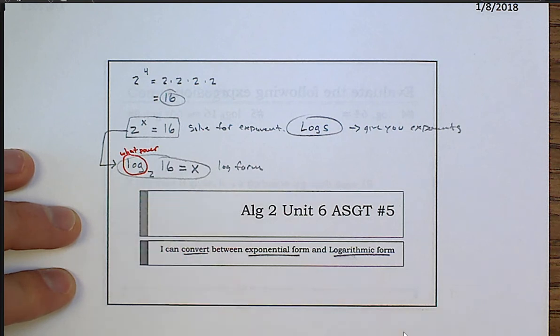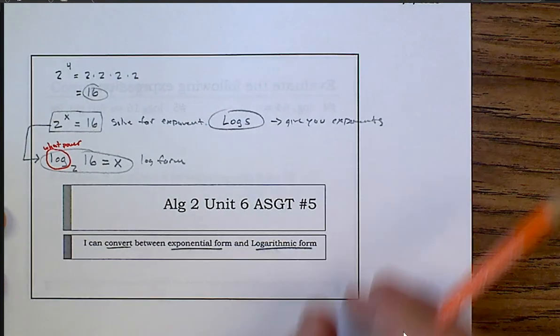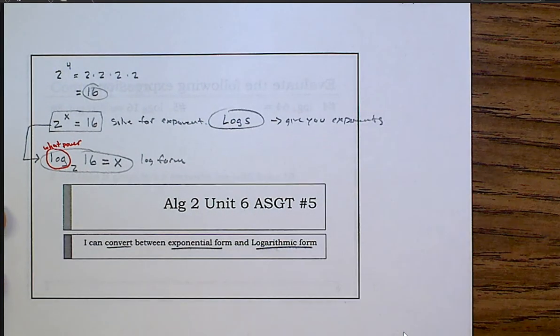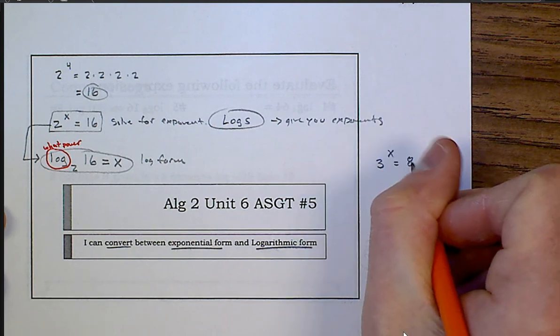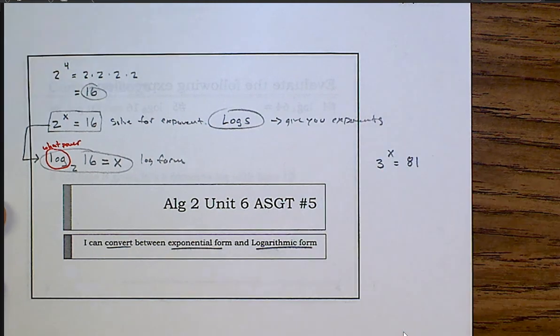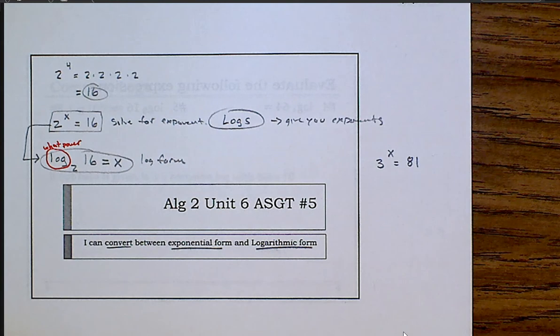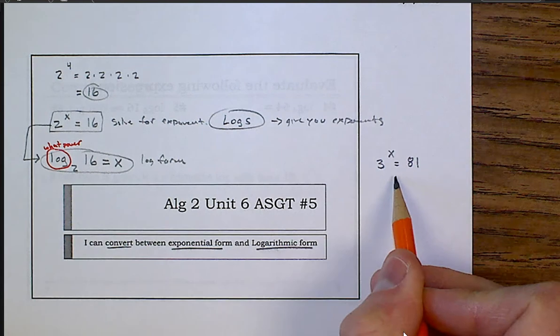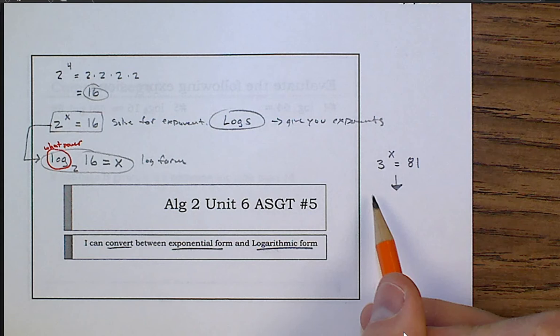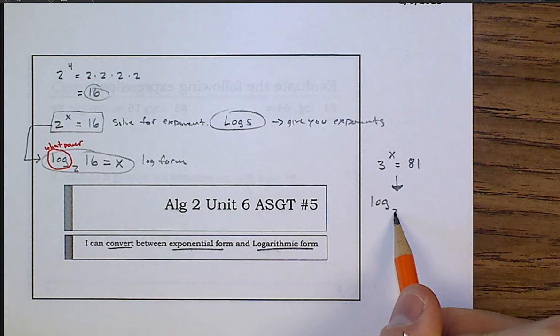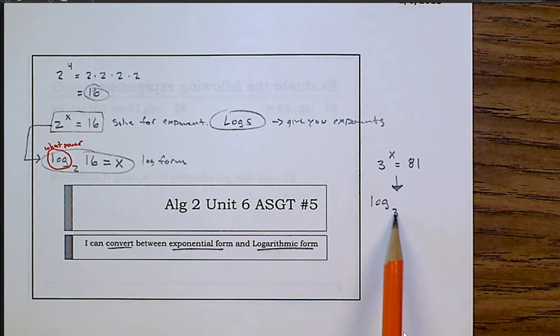All right? I'm just going to slide this over, and in this column, I'm going to give you another example. So let's say 3 to the x power equals 81. Now you may know what that answer is already just by doing some algebra. But if I ask you to convert this into log form, we would write log base 3. We always write it below the g, so it's a little bit lower.